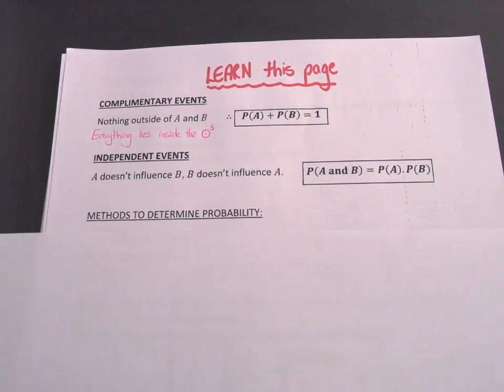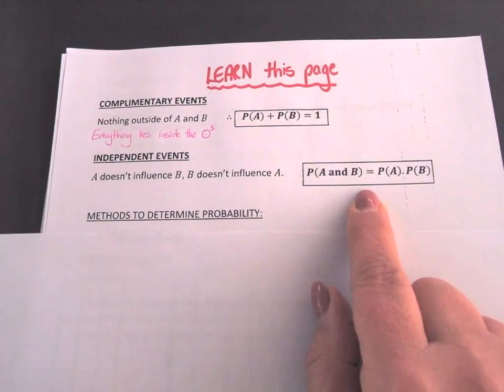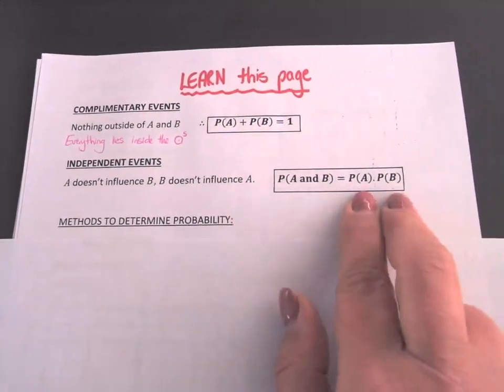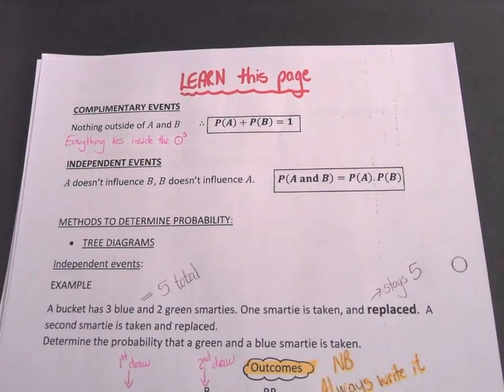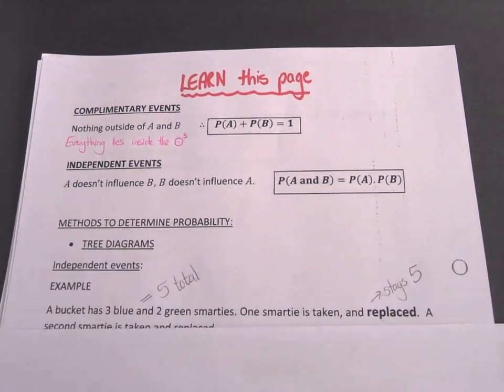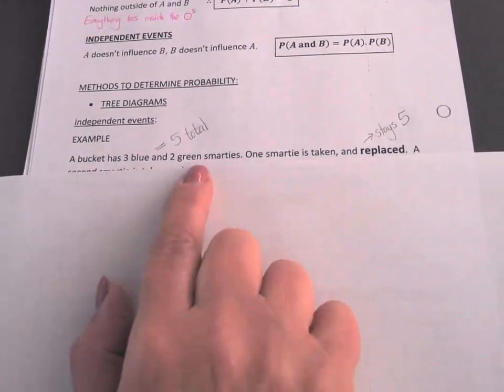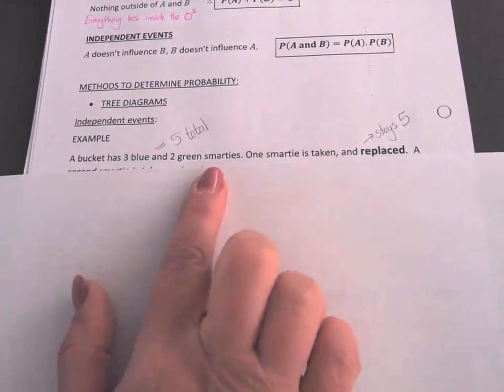Now we have three methods of determining probability. Can you please give an example? Our first example here. You have 3 blue and 2 green Smarties.